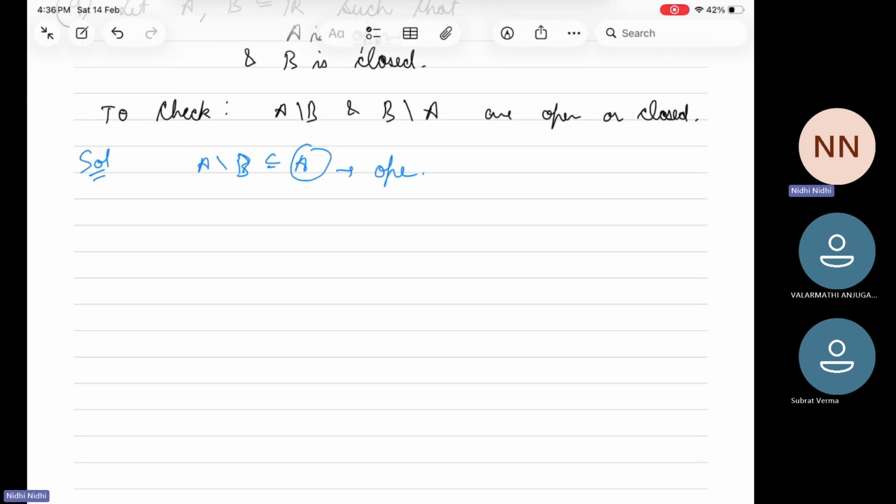This will be open only if its set of interior points is itself. So let X be the set A minus B. That means if x belongs to capital X, which is A minus B, this implies x belongs to A and x does not belong to B.